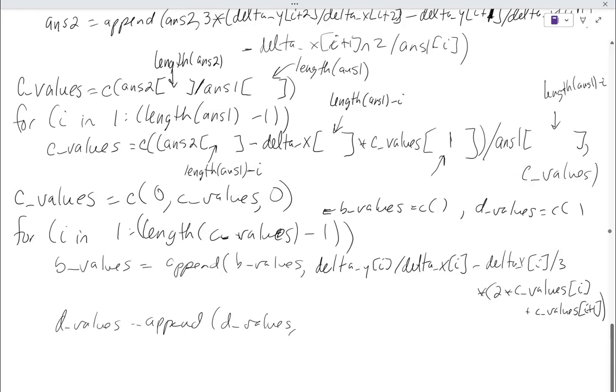That was our formula for the d values, so we would have the c values of i plus 1 minus the c values of i, divided by 3 times delta x of i. Oops, delta x of i.